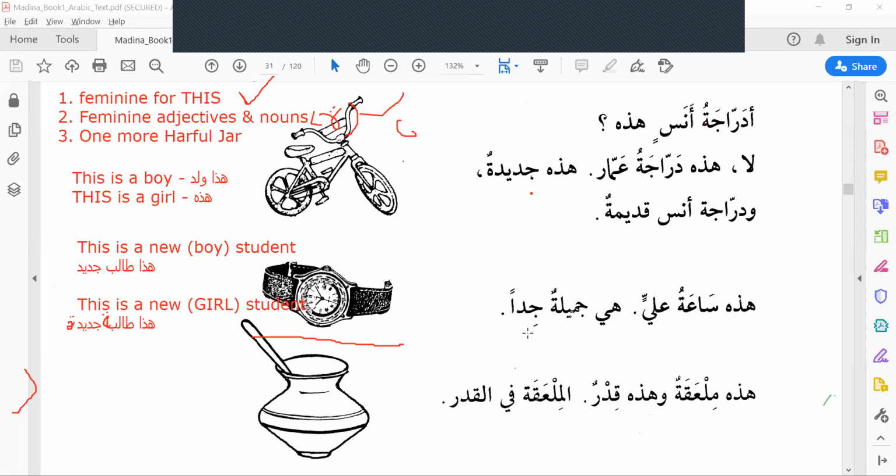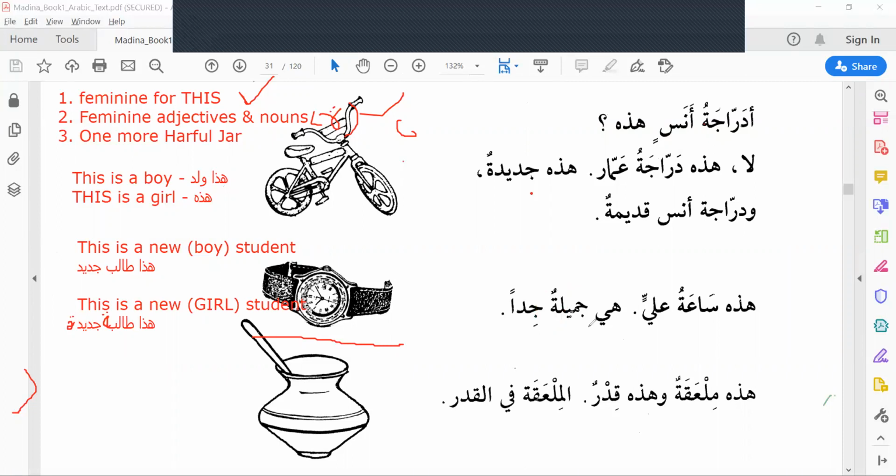Here jamilatun jiddan. Just now we have learned jiddan, right? Jiddan means very much. Here jamilun jiddan: it is very beautiful. Jamilun, jamilatun, this is the feminine form.